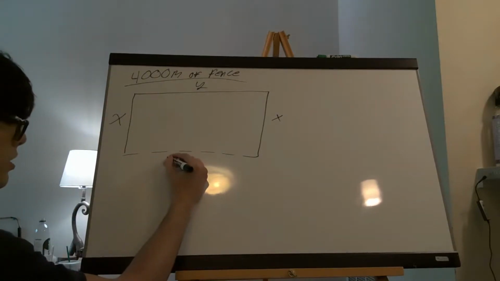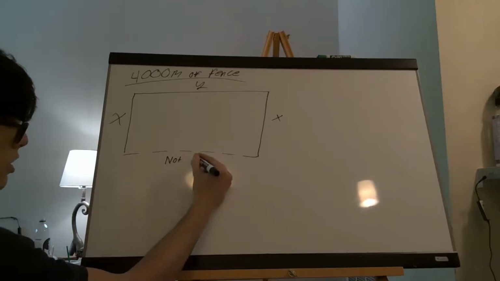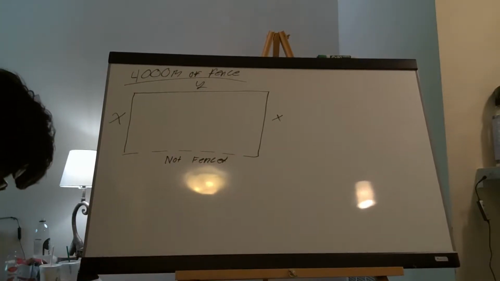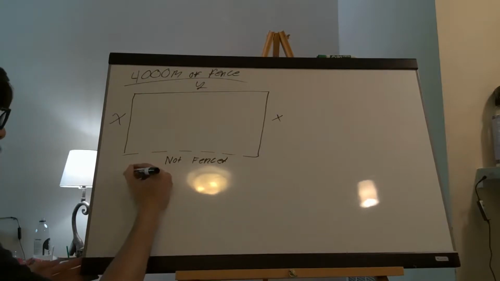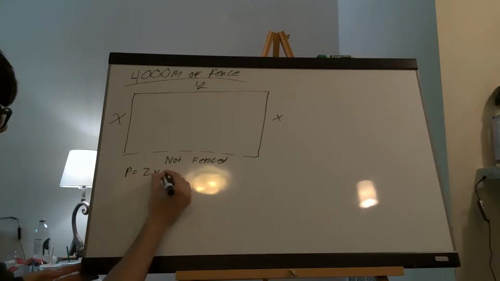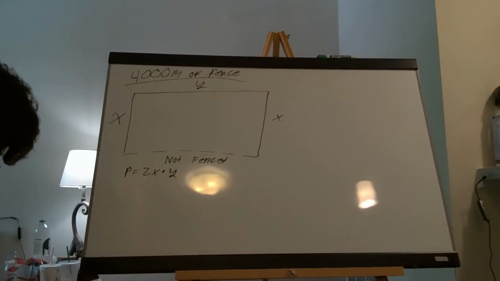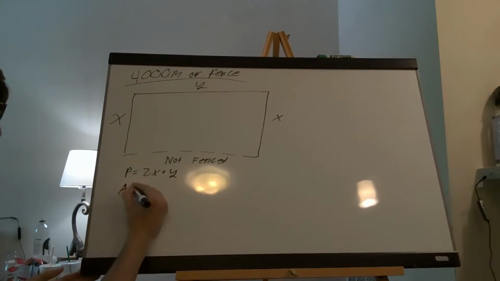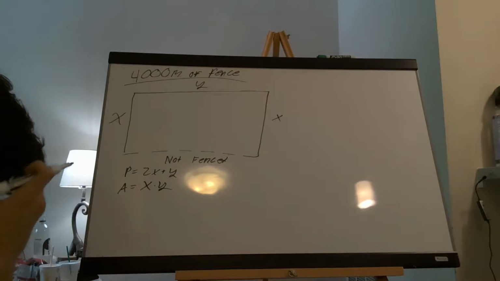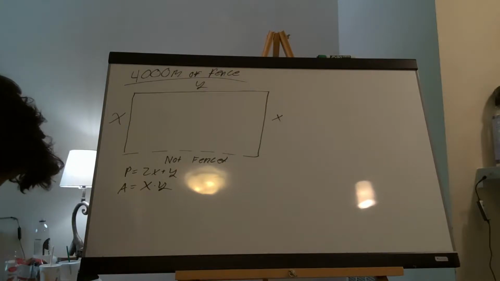This is not fenced. And we're given P equals 2x plus y, and A equals x times y. And that's just because it's a rectangle, length times width. So let's see what they want us to do here.